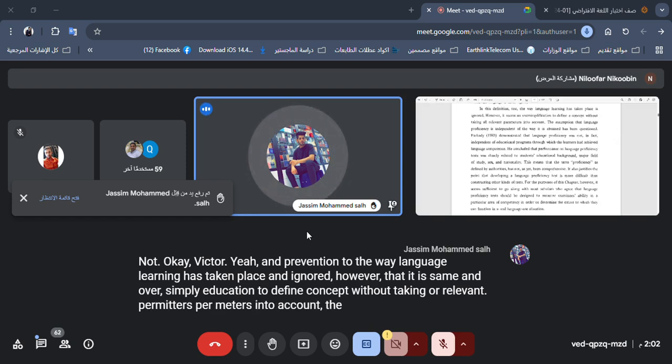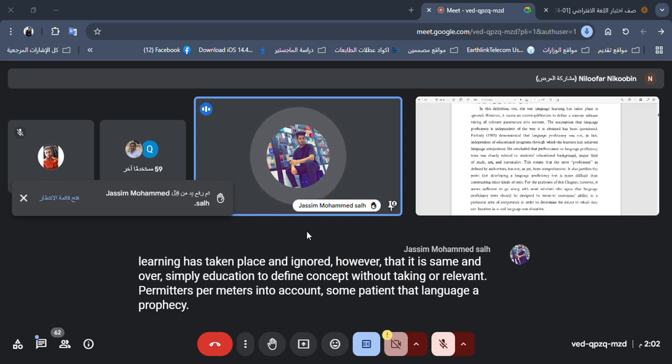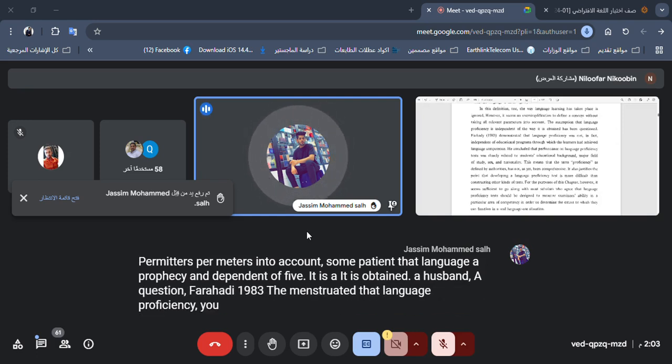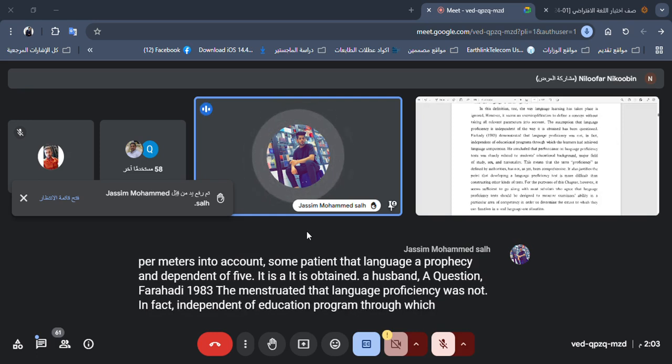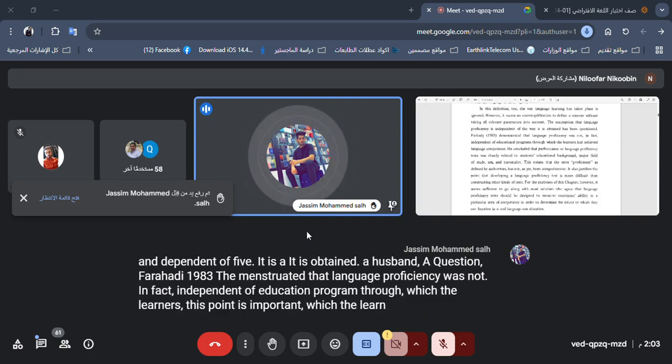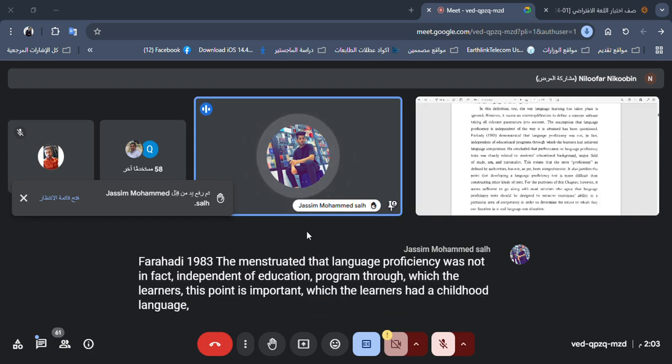The assumption that language proficiency is independent of the way it is obtained has been questioned. Farhadi, 1983, demonstrated that language proficiency was not, in fact, independent of the education program through which the learners had achieved language competence. This point is important.